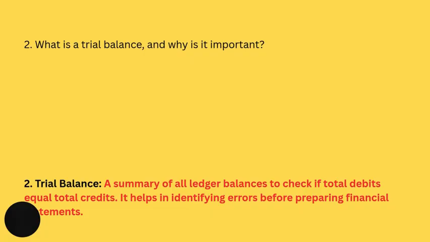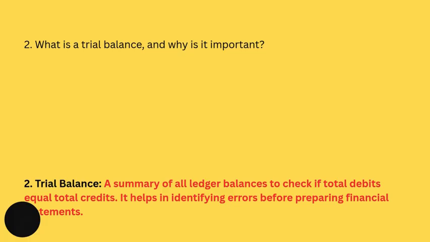What is a trial balance and why is it important? A trial balance is essentially a summary of all ledger balances. It serves a crucial purpose in accounting. It ensures that total debits equal total credits.